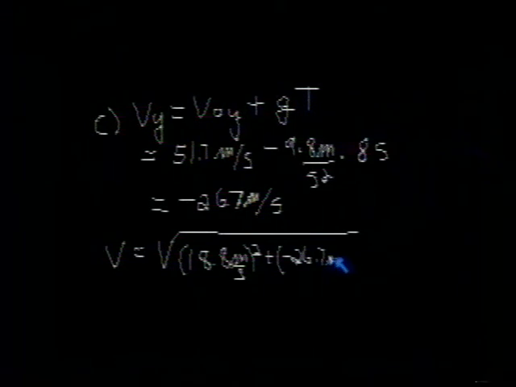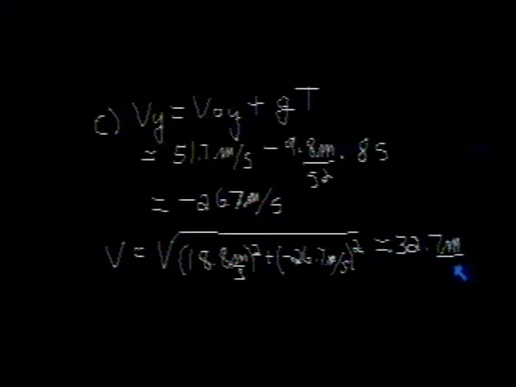If you carry out this operation, squaring, adding, and then taking the square root, you should convince yourself that you get a value of 32.7 meters per second. That's a positive quantity. It's the magnitude of this.